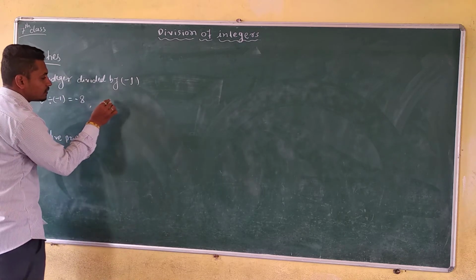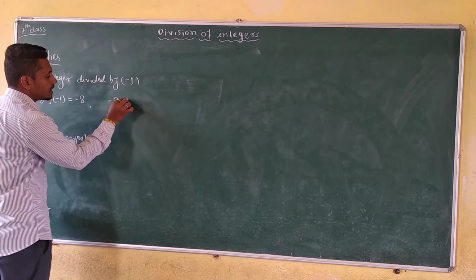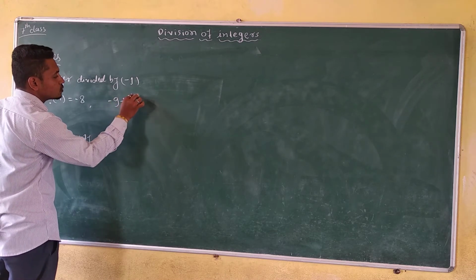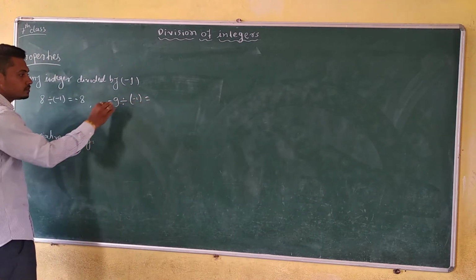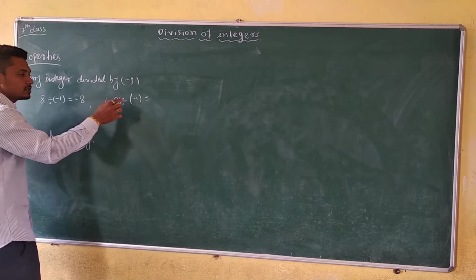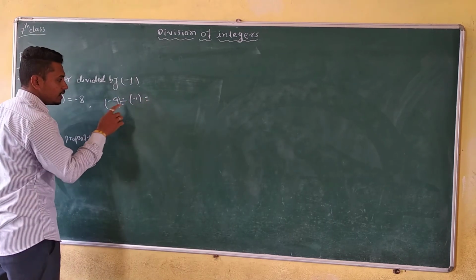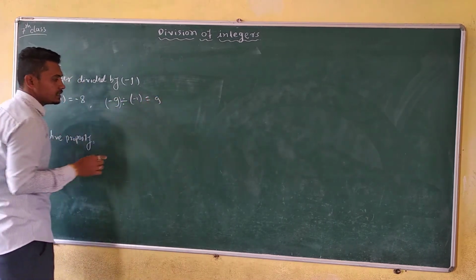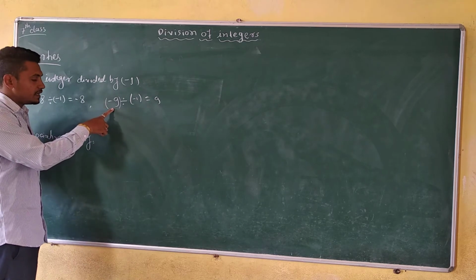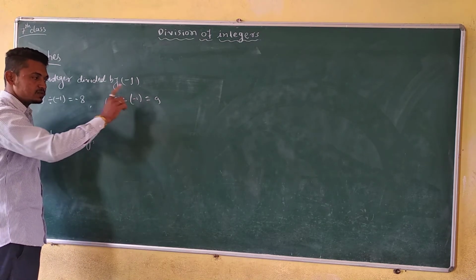Next, take another example. Minus 9 divided by minus 1 is equal to minus divided by minus, plus, then 9 divided by 1, 9. See here, our first integer is minus 9 and our answer is plus 9.